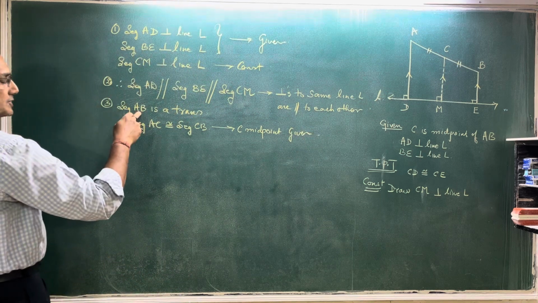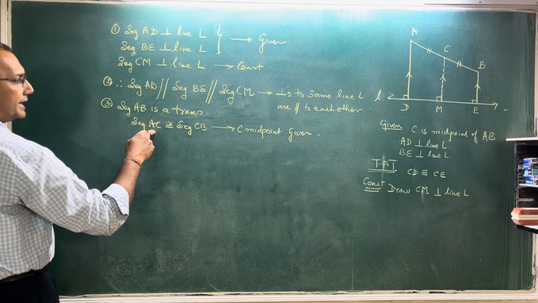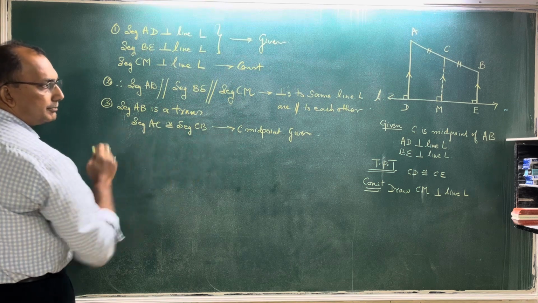So my first transversal was AB, and I got AC congruent to CB because C is the midpoint.